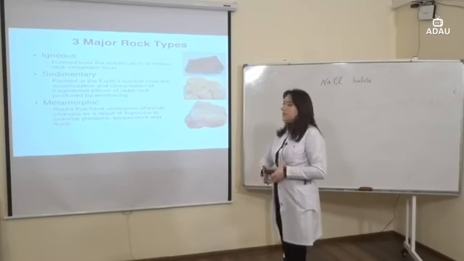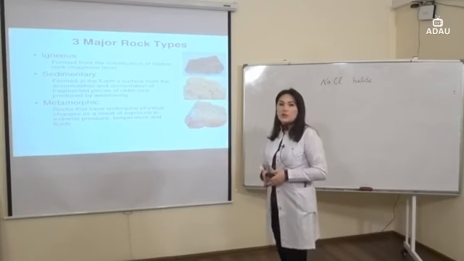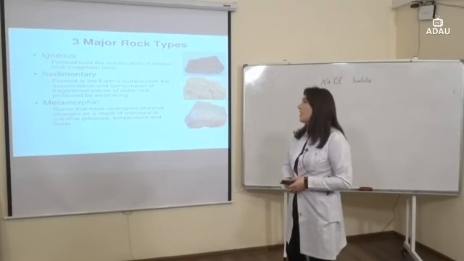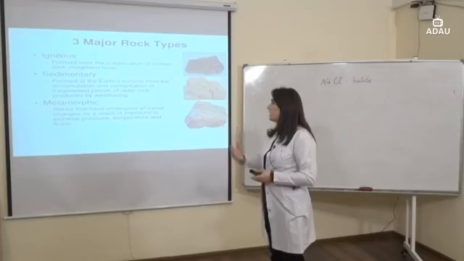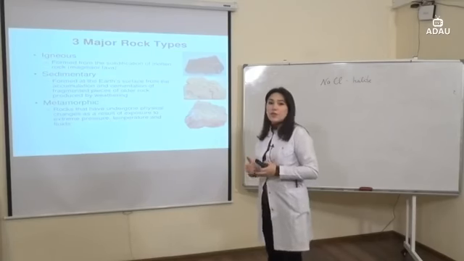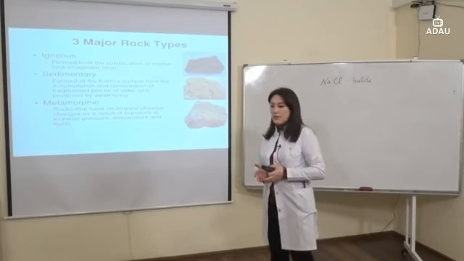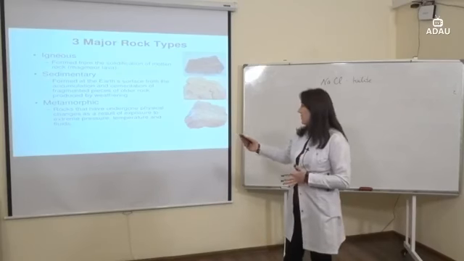When this material erupts through volcanic processes onto the Earth's surface, we call it lava. And here we understand that igneous rocks are the solidification of molten magma.